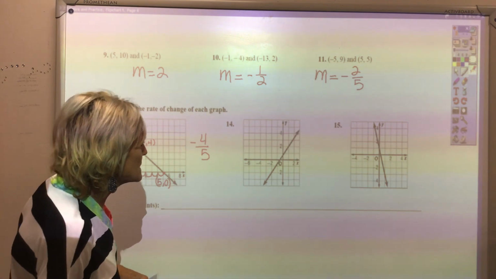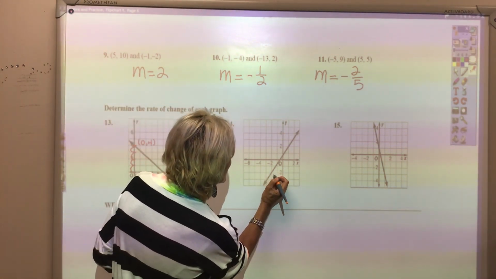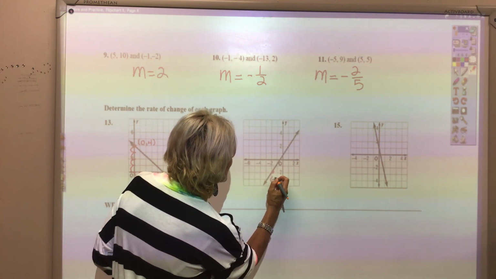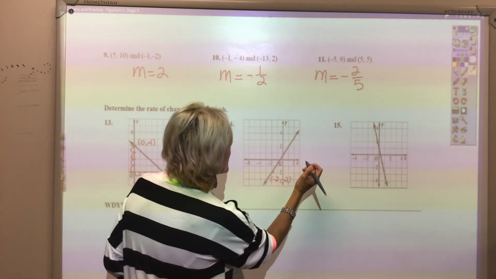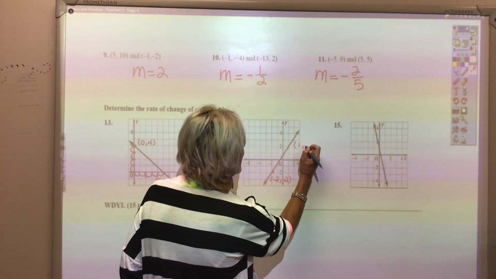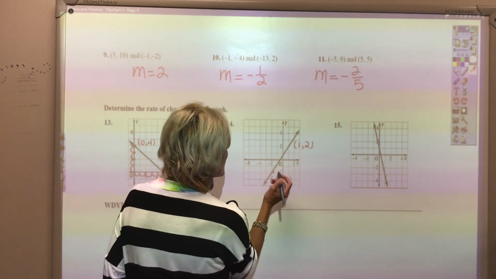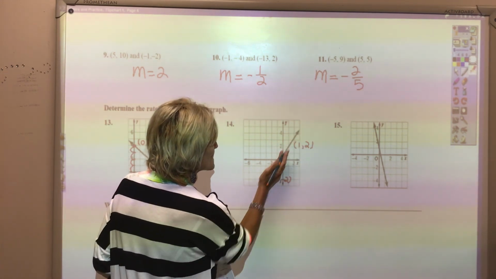On number 14, we have a point at -2, -2, and we have a point at 1, 2. Remember, go from the left to the right. So this time we're going up. Our slope's going to be positive.